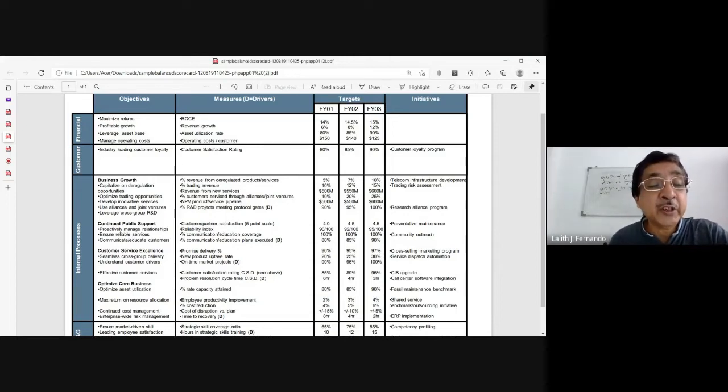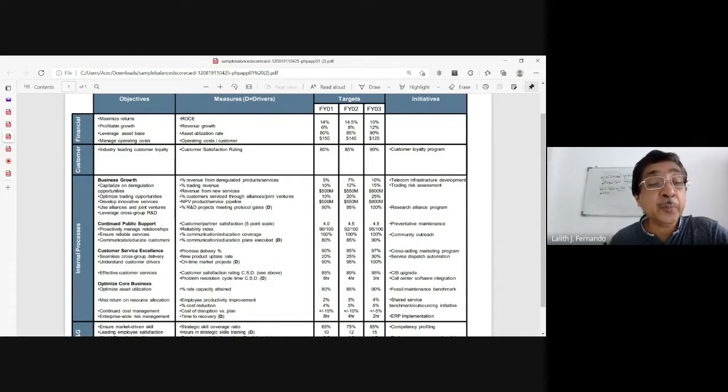Then optimize trading opportunities. I think this is very much understood, because any business person knows how to optimize trading opportunities. You need to see ways and means of doing this, looking at the trading opportunities and optimizing them.